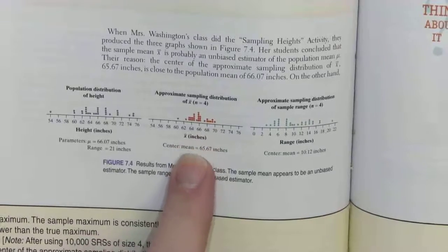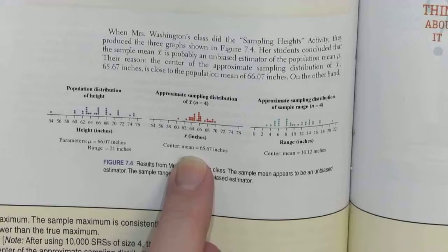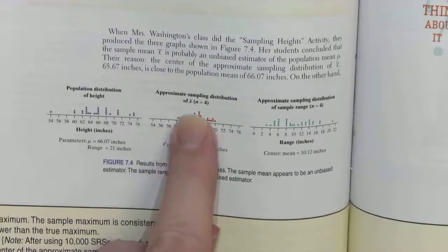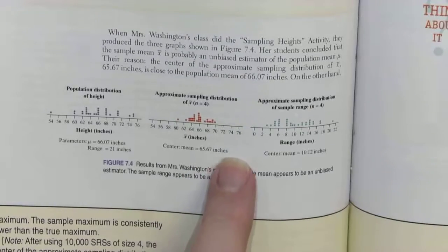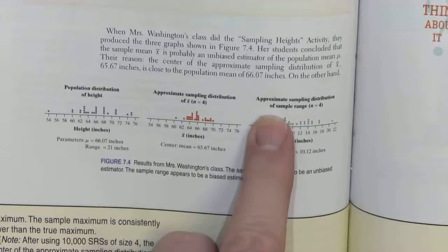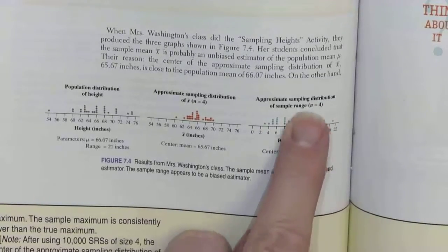That's why, when they took all of those means and found that average, it was 65.67. And then over here, we have the approximate sampling distribution of the range, right?